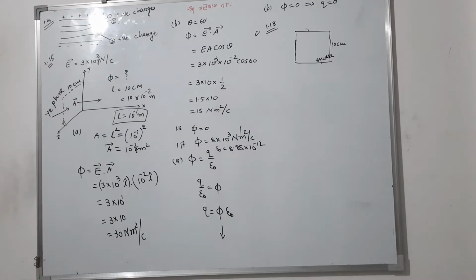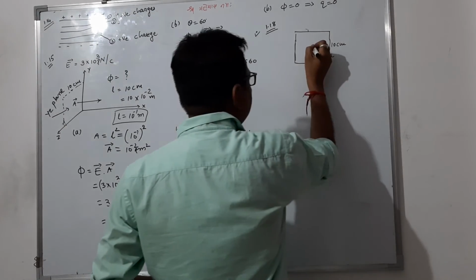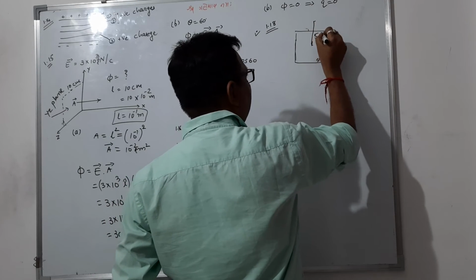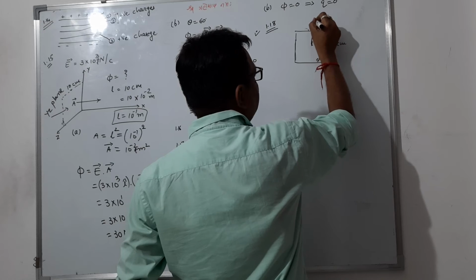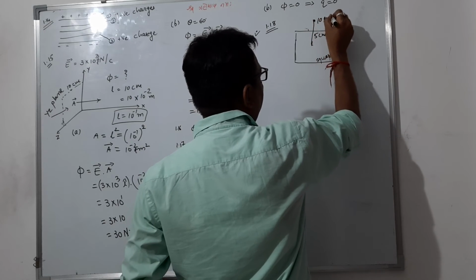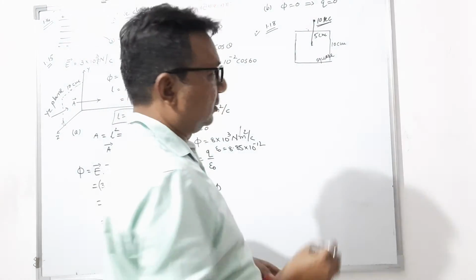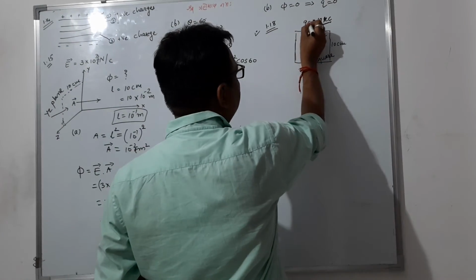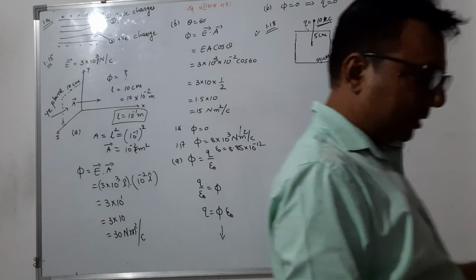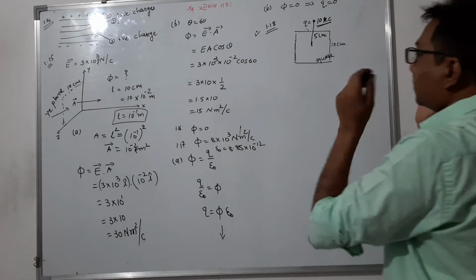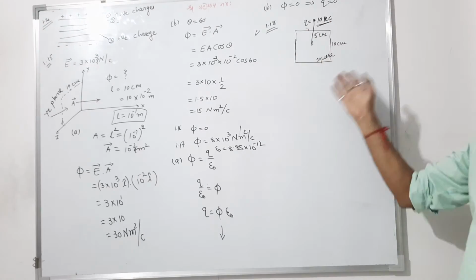And from the center, 5 centimeter high, a charge of 10 microcoulomb is placed over here. Q is equal to 10 microcoulomb. So you have to find out how much flux can be created from this square.